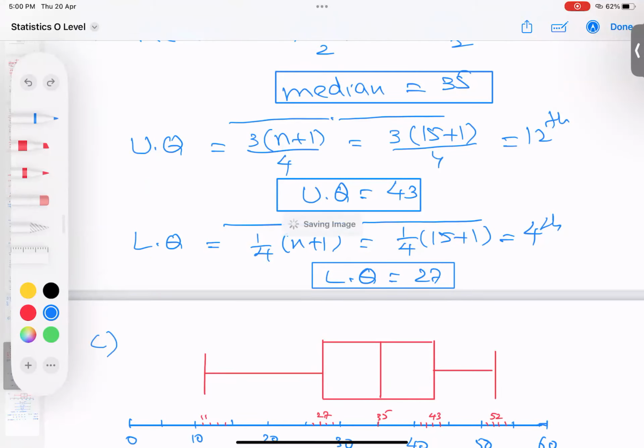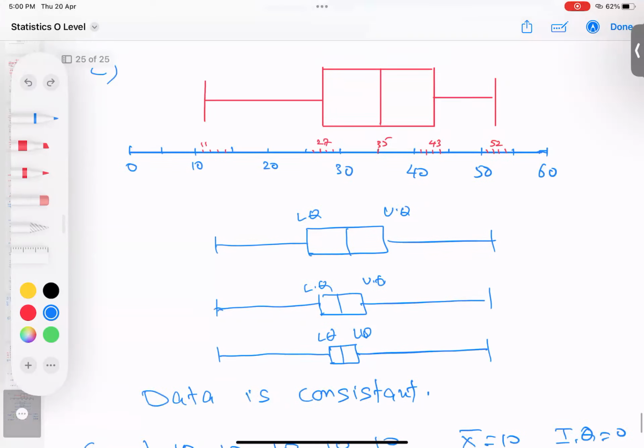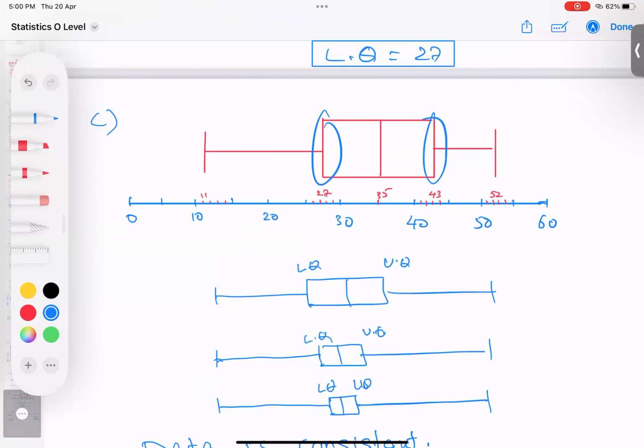If the difference is lesser, it means these two lines are going close to each other. If the interquartile is more, this line will go this way, this line will go this way, so the gap becomes bigger and bigger. I hope you got the point very clearly.